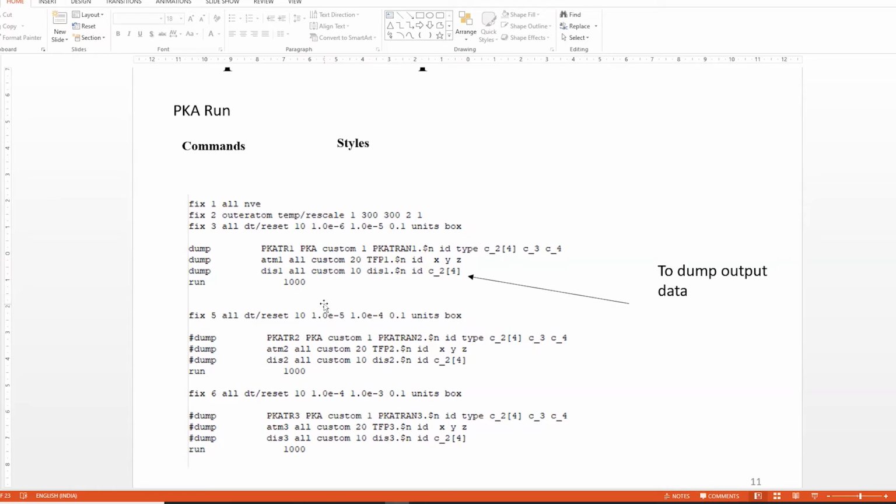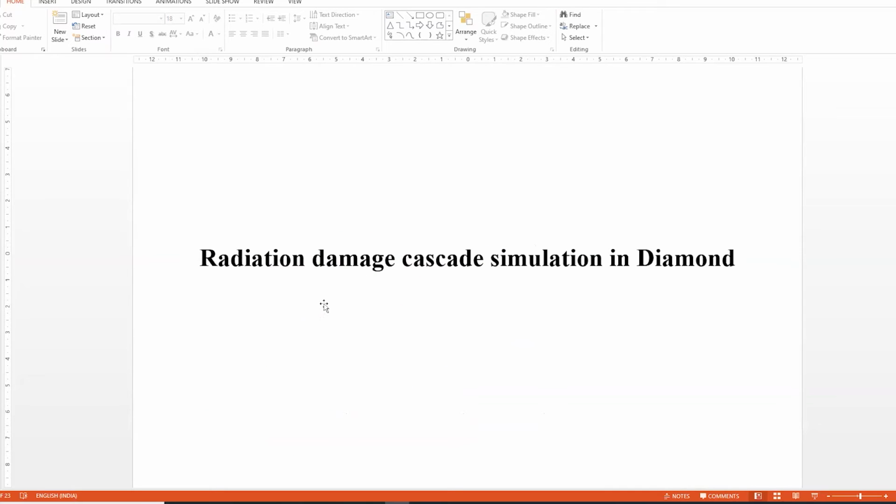This simulation will run up to your desired time, let's say 1 picosecond, 2 picosecond, 30 picosecond, like that. Once you prepare an input file and you have the potential, you can start the simulation. I'll show you how to do the simulation in LAMMPS.